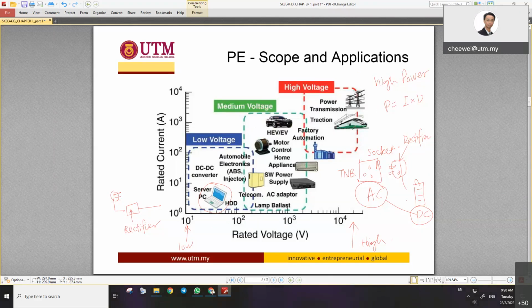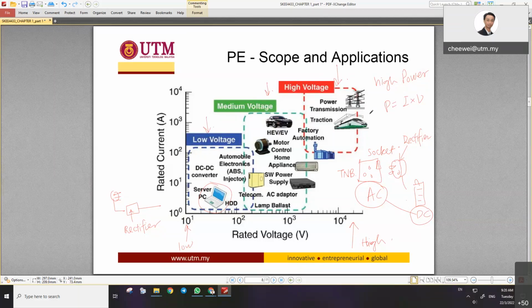Magnetic levitation trains require very high power to control the magnetic, so that belongs to high power applications. EVs are in the medium power category. And most of the electronic things that you use today are low power applications.